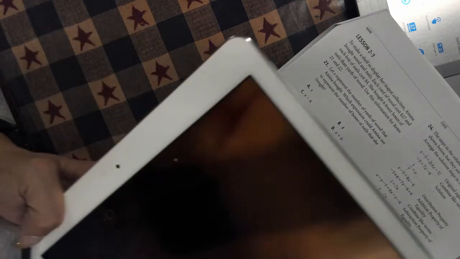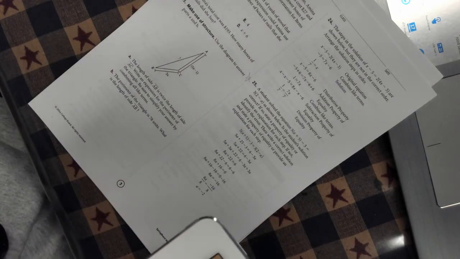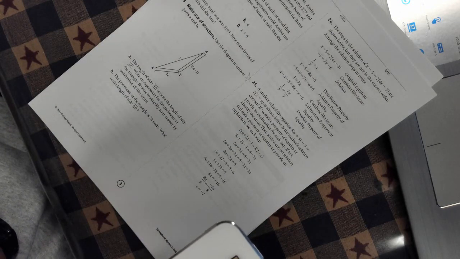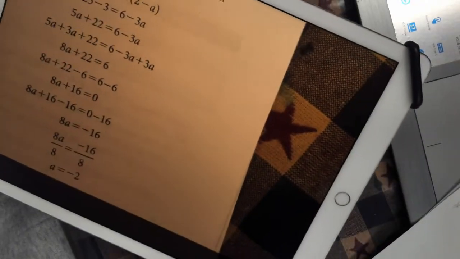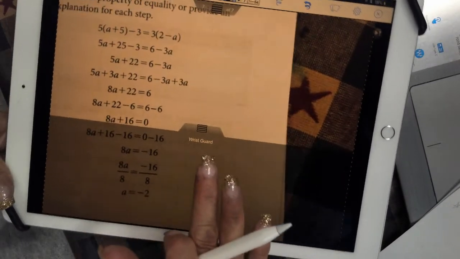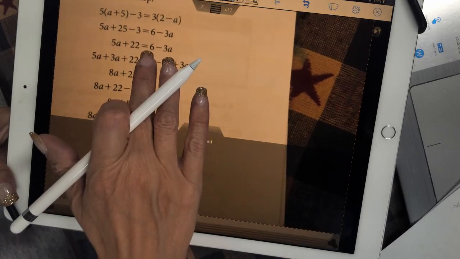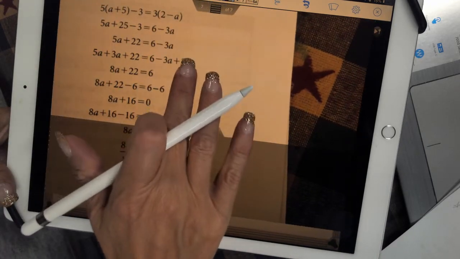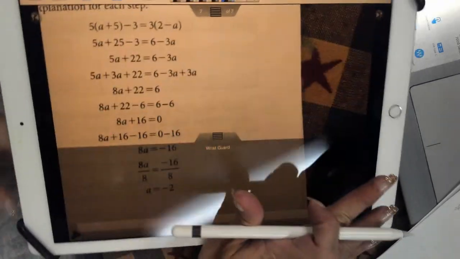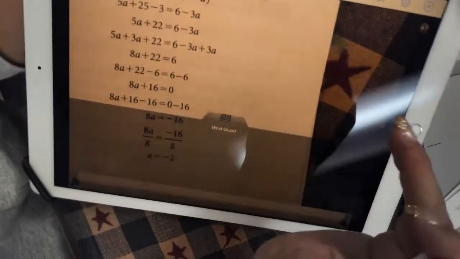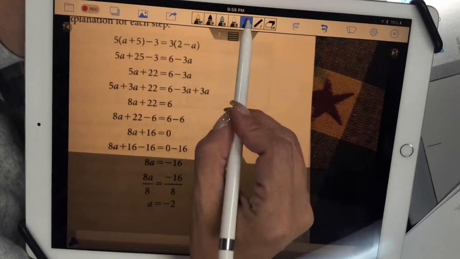I think this one's going to be a little bit of a mess. So let me find it. Yeah, I think I'm going to want a picture of this one. All right, so there it is. So I think this will be easier for me. Let me keep it flat for y'all.